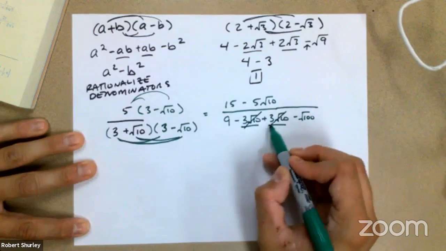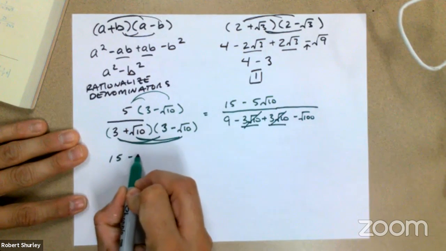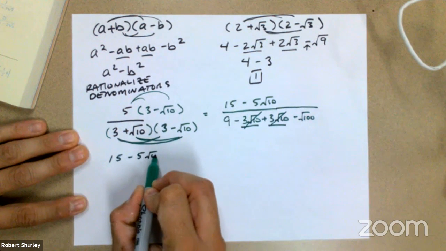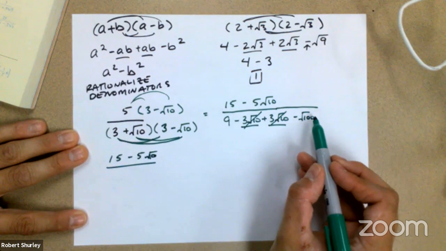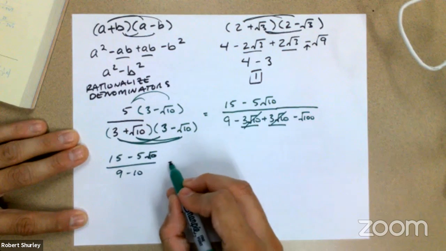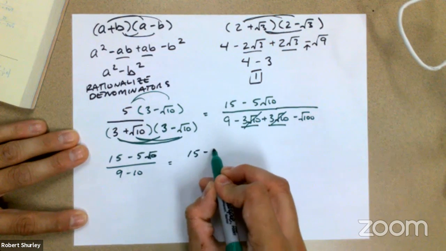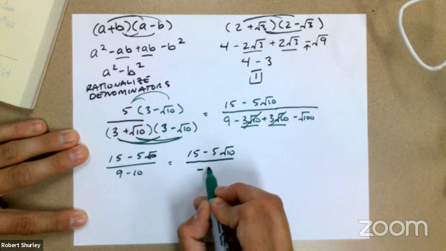This cancels, boom, boom. So in the top, we've got 15 minus 5 square root of 10. Over, now we know the square root of 100 is just 10, so 9 minus 10. So we wind up with 15 minus 5 square root of 10 over negative 1.